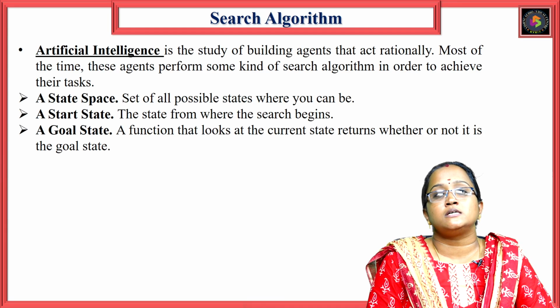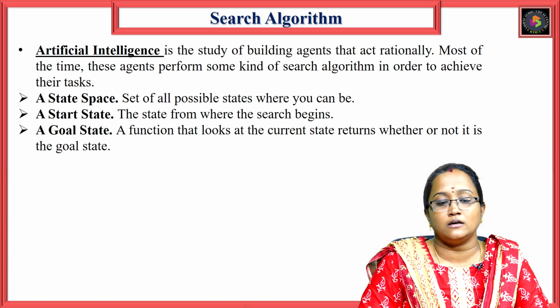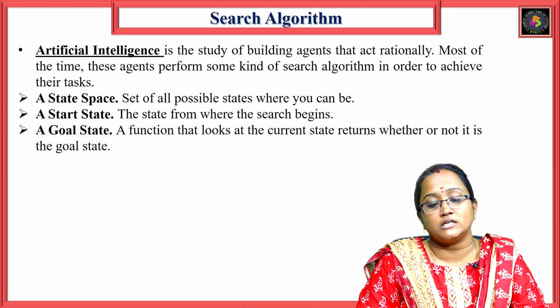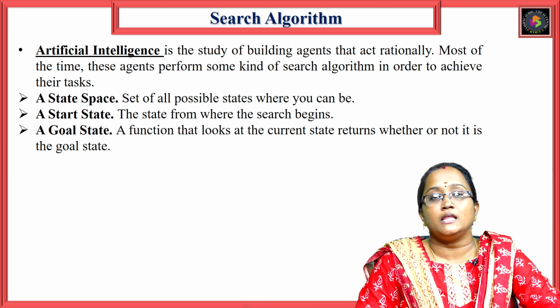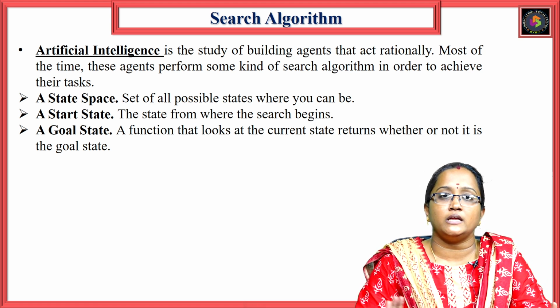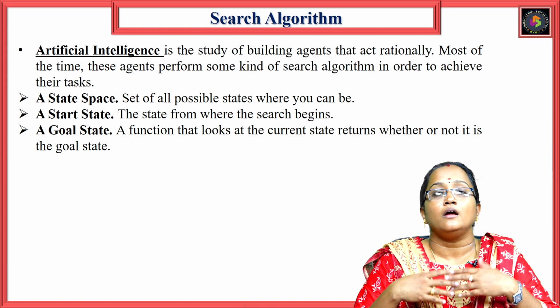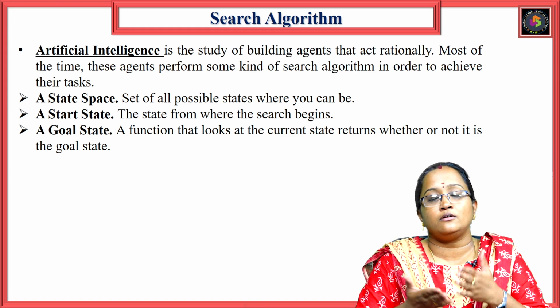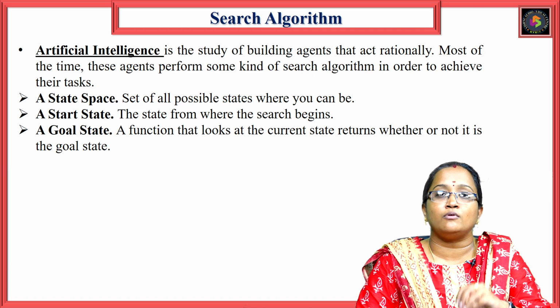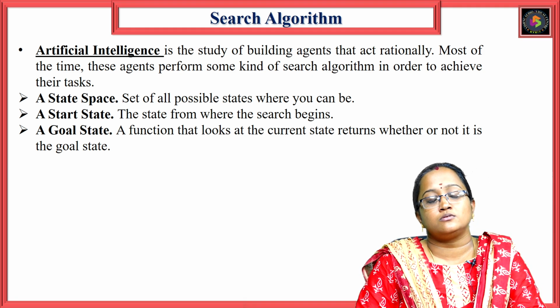So first, search algorithm. What is a search algorithm? Before that, we are going to give a simple introduction about artificial intelligence. Artificial intelligence: the name itself defines it. Artificial means any artificial thing that uses intelligence like human intelligence and works on its own like a human.